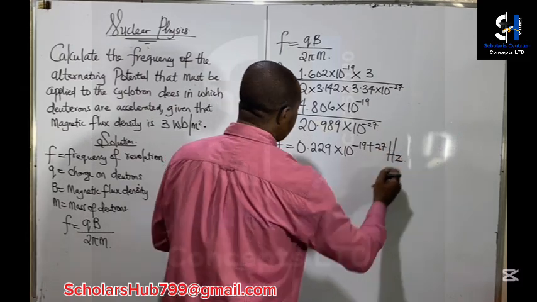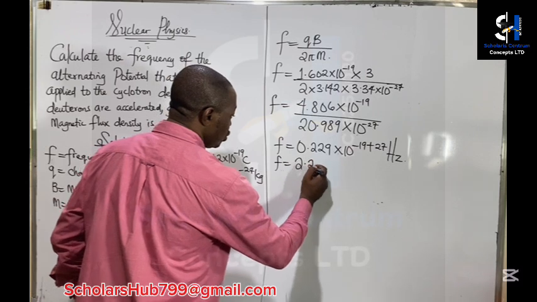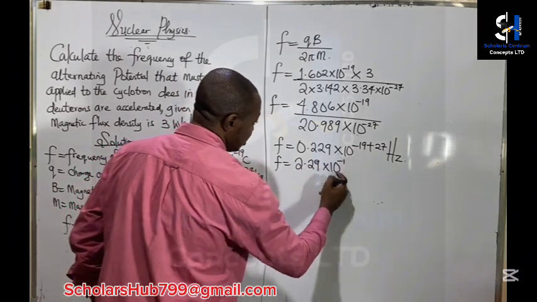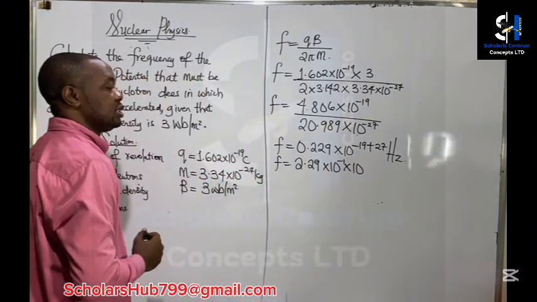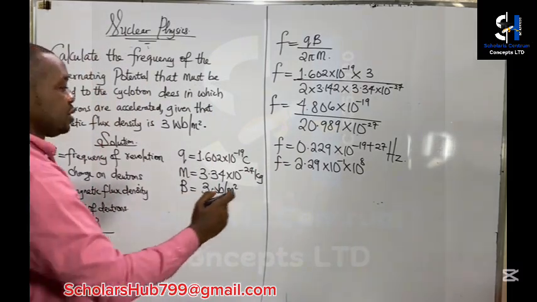The unit of frequency is the hertz. So this would be 2.29 times 10 raised to the power of negative 1 multiplied by 10 raised to negative 19 plus 27, which gives 8 in the exponent, so the exponent is 7.